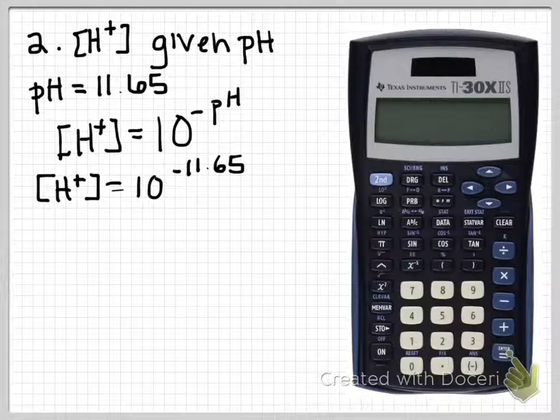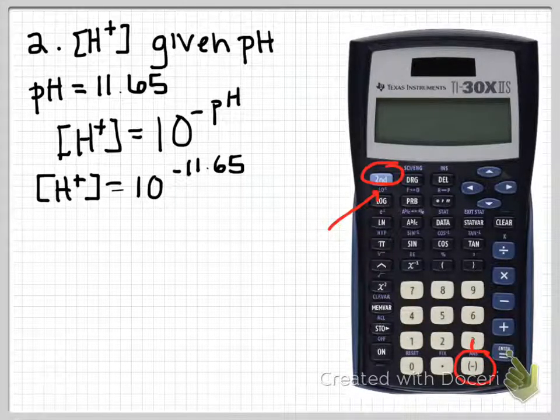Again, when we're putting this in our calculator, the 10 to the x is right above the log key. To access it, usually you're going to have to do second to get to the 10 to the x. So we're going to put this in exactly in the order that it looks. So you're going to do second, 10 to the x. And then again, use the negative, not the minus.